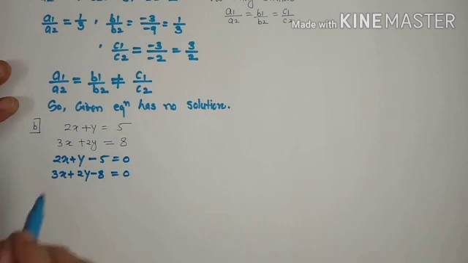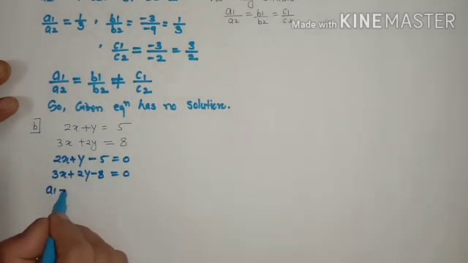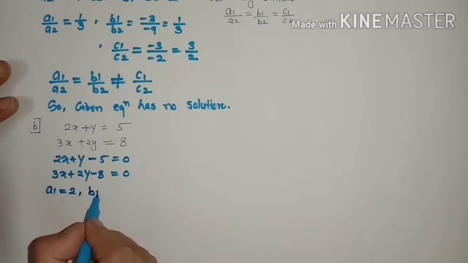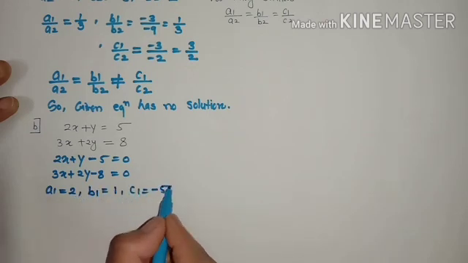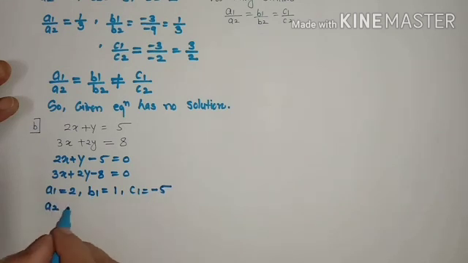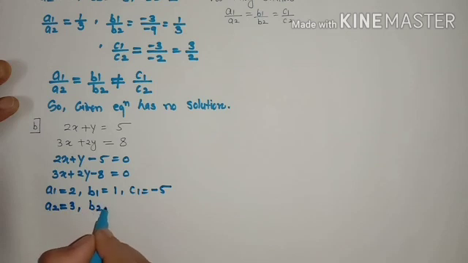Then we will compare the coefficient of x, coefficient of y and constant term, and we get a1 equals 2, b1 equals 1 and c1 equals minus 5. From the second equation a2 equals 3, b2 equals 2 and c2 equals minus 8.